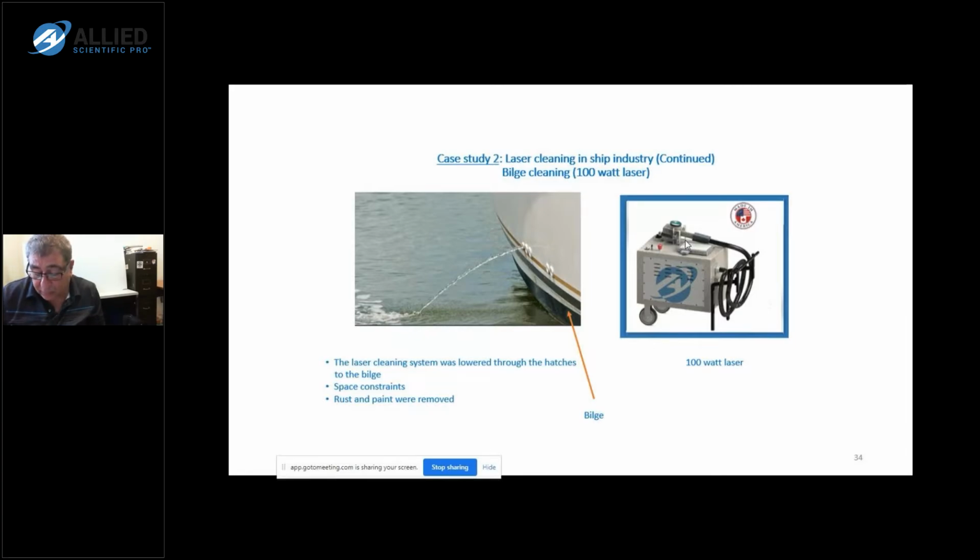Rust and paint were removed. This was a concern for the workers there, that it would be better to have a unit that could be carried by one person rather than several people helping to bring it down to the bilge.